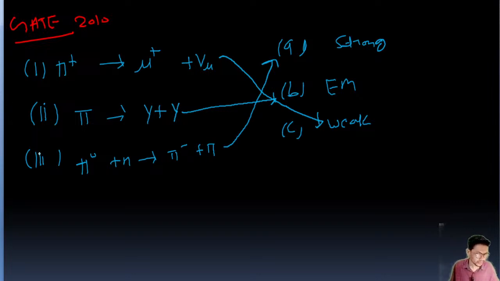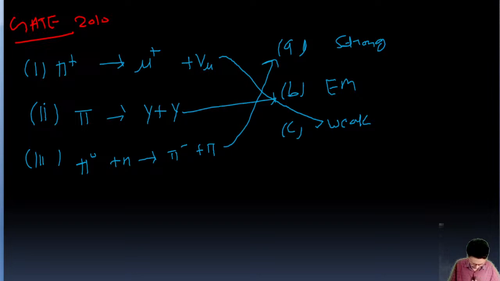Okay, next question is pi plus goes to mu plus plus mu neutrino.